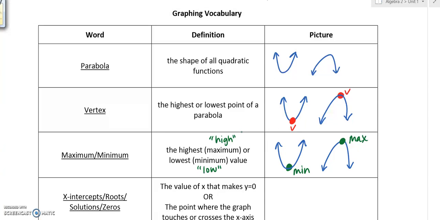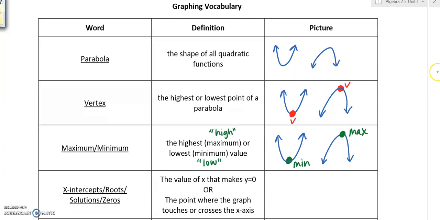Okay. The next are x-intercepts, roots, solutions, and zeros. This one is kind of tricky for some people. I'm going to circle those because those are all words that mean the same thing. So don't let that confuse you. This is a value of x that makes y 0, or think about it as the point where the graph touches or crosses the x-axis.